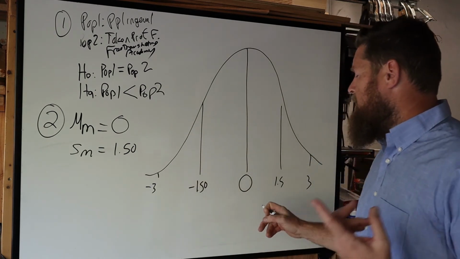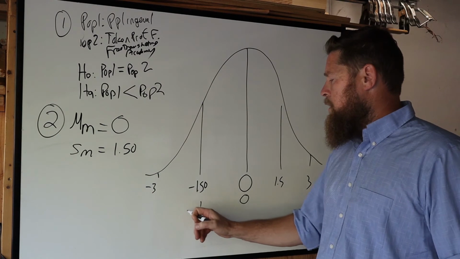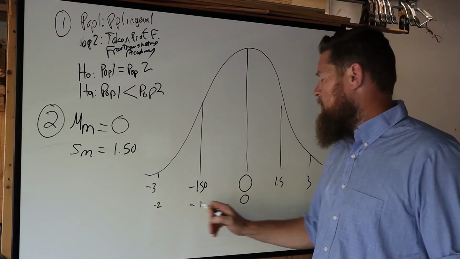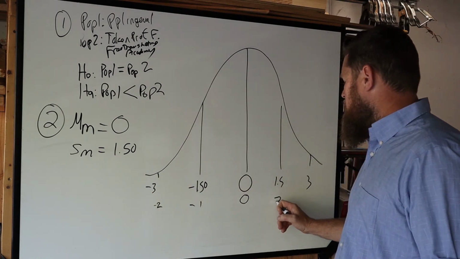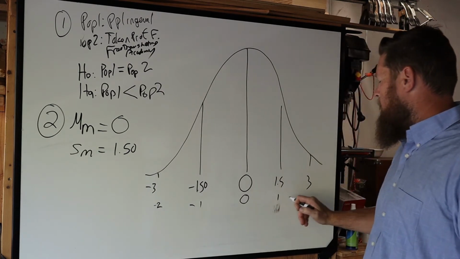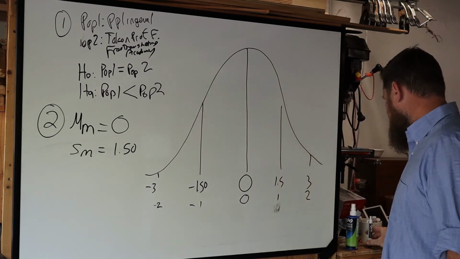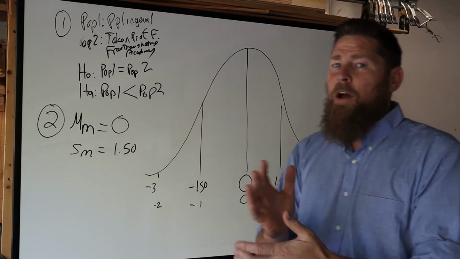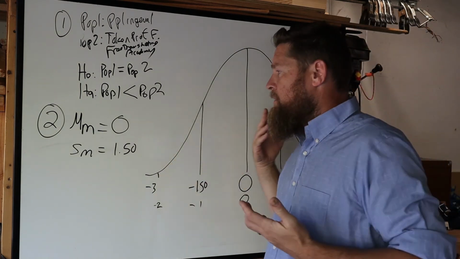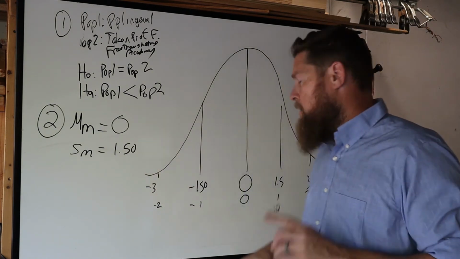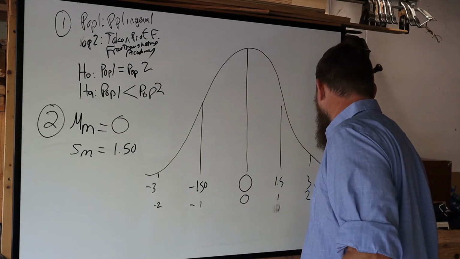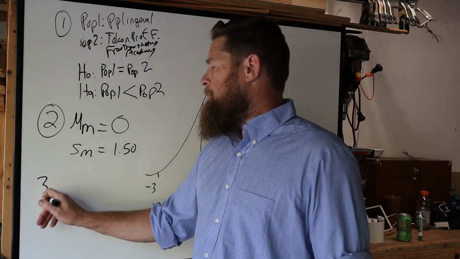So now when we think of t-scores, 0 t-score, negative 1 t-score, negative 2 t-score, right? This is a 1 t-score and a 2 t-score. Okay, we need to now figure out where on this cutoff we are going to reject the null, and that is step 3.